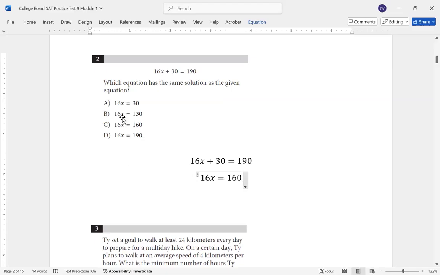Notice that all of the equation options are 16x is equal to some number. And therefore, 16x is equal to 160 is the correct equation. So equation C is an equation with the same solution as the given equation. That's also called an equivalent equation.